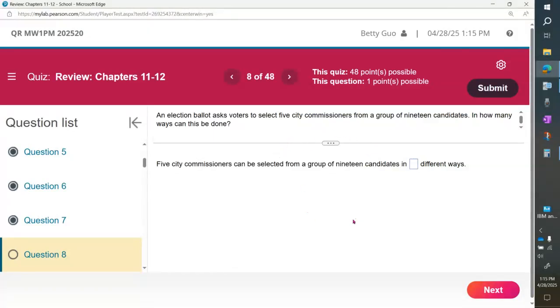So this is a combination problem, okay? Firstly, identify this is a combination problem. Available number of people, 19. We need to select 5. So C19 5.